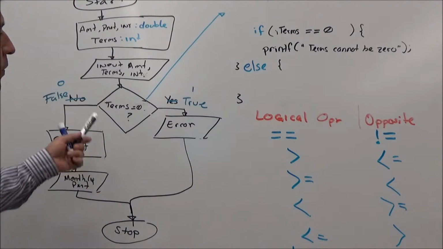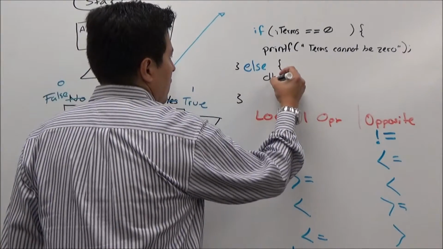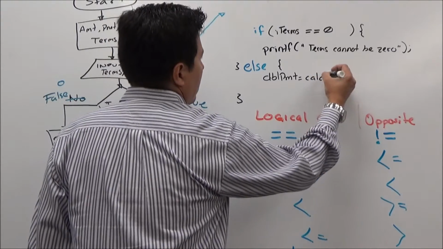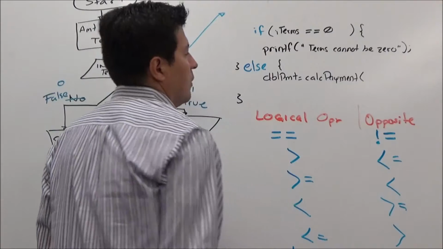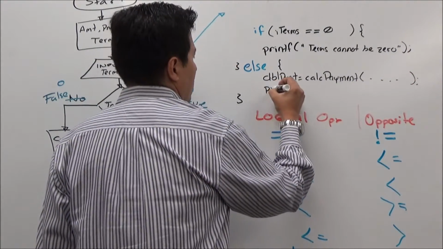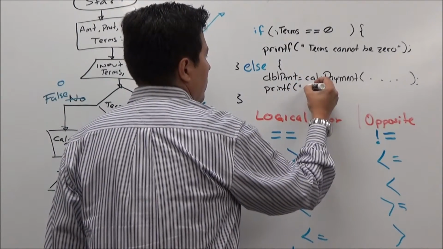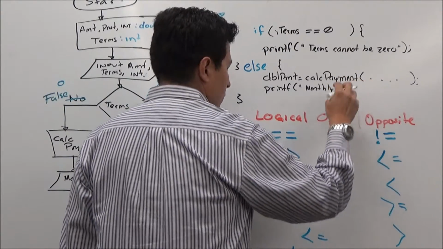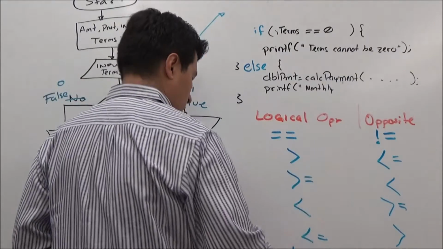Alright, so if it's not, then I think we call that function calc payment, right? We made that function and just pass the parameters. And then we display the monthly payment.